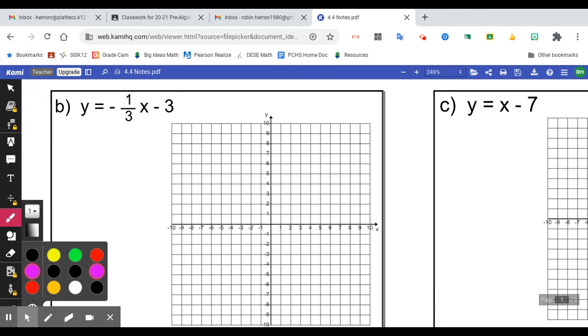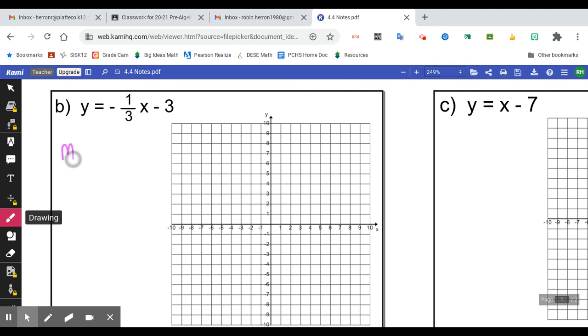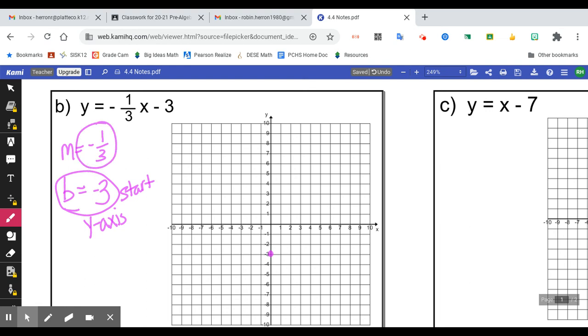Identify first. So my m is negative 1/3. My b is negative 3. Start with the y-intercept on the y-axis. So I'm going to go down 3 and put my point. Okay, this is where we start. Then we use our slope to repeat.